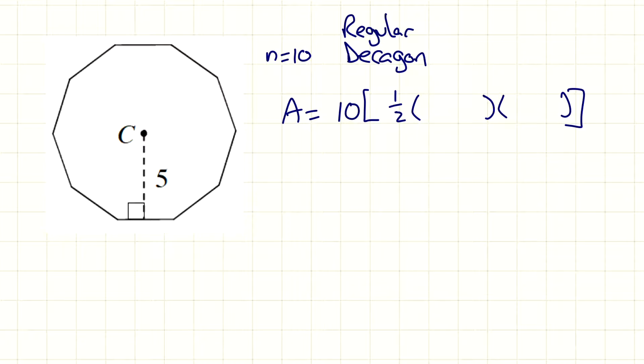Okay, so if we're going to focus on the triangle, I'm going to draw in a triangle. All right, so I have my triangle there, that's the one I'm focused on. You'll notice it looks a little bit more narrow than the previous one.